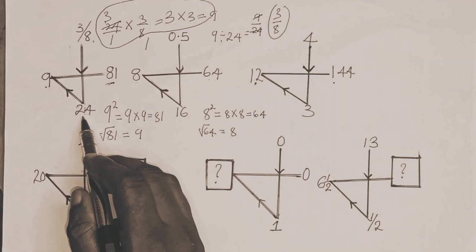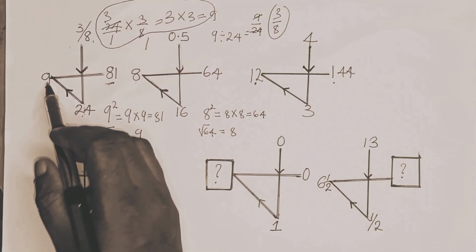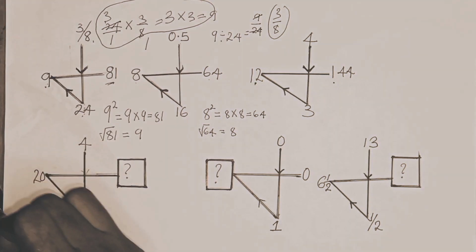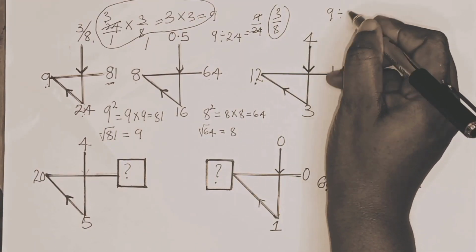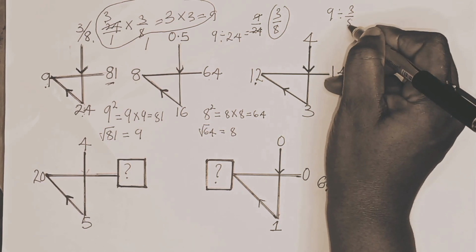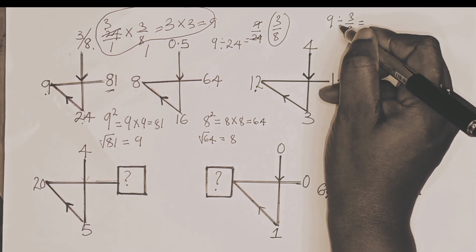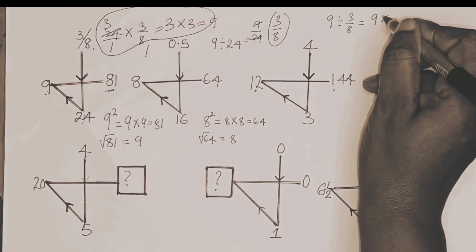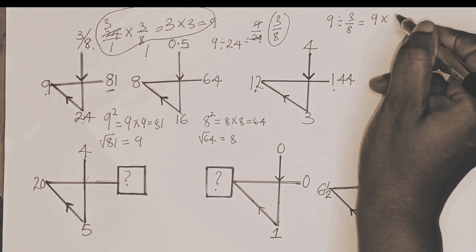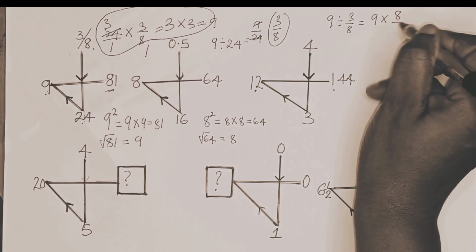So if 24 is missing, you divide 9 by 3 over 8. So you have 9 divided by 3 over 8. Reciprocate your division sign to have multiplication. So you have 9 times your 8 goes up while your 3 comes down.